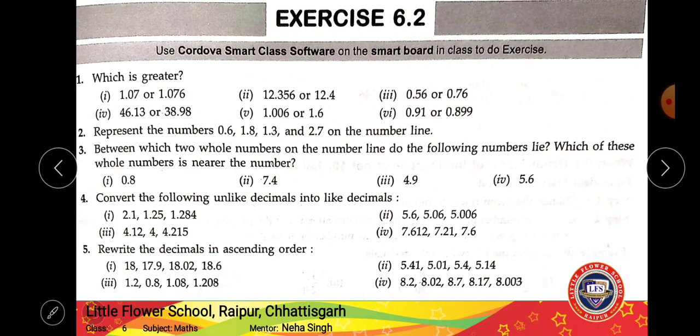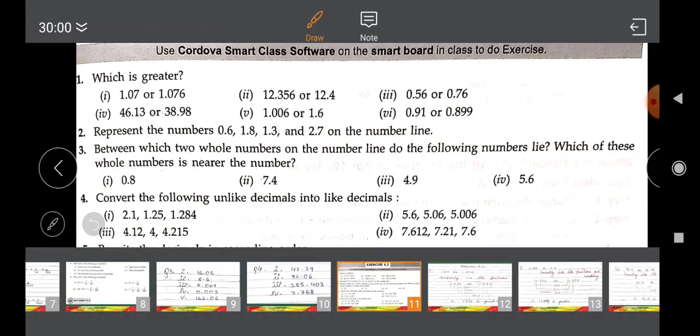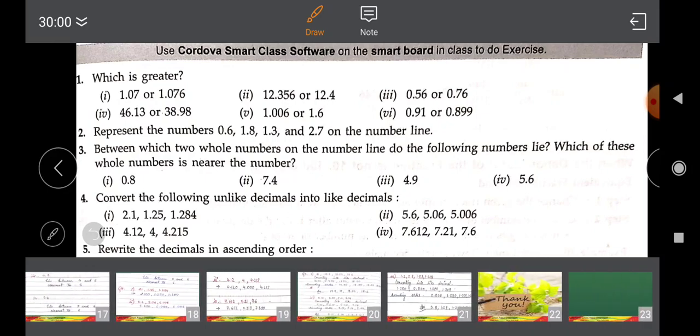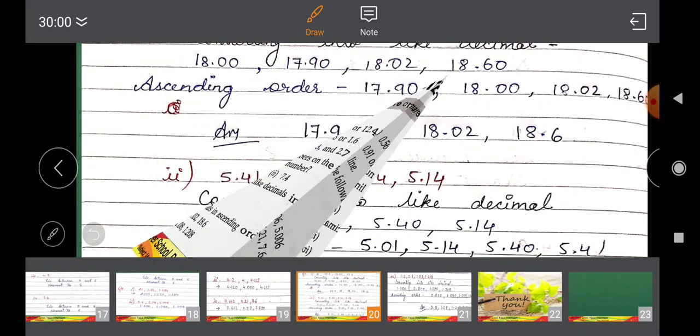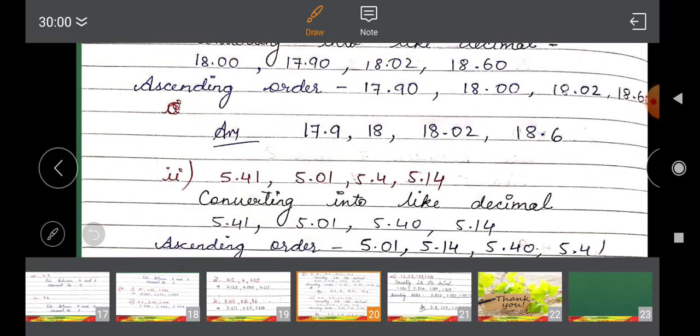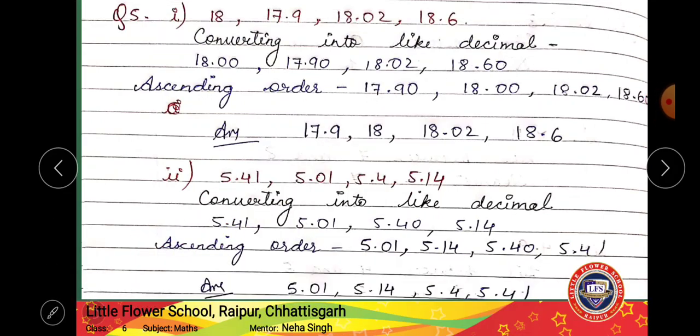Moving on to the last question. Rewrite the decimals in ascending order. See, for comparing the decimals, for writing the decimals in ascending order, for doing whatever comparison with the decimals, we first need to convert them into like decimals. Without converting into like decimals, we cannot compare or arrange the decimals or any numbers.